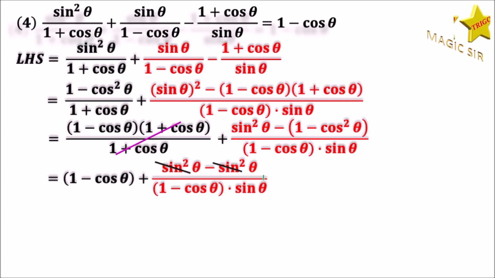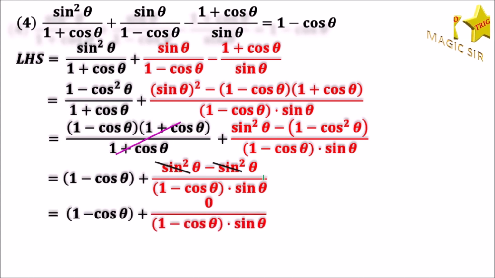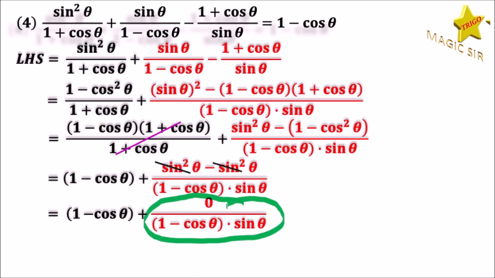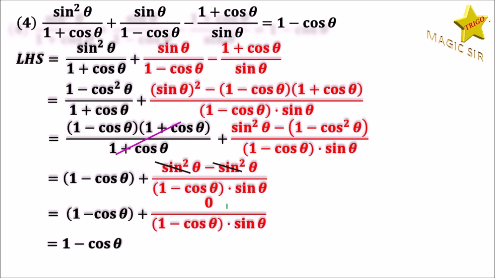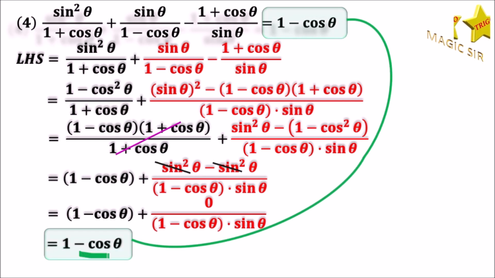Therefore, LHS is equal to 1 minus cos theta plus sin square theta minus sin square theta equal to 0. So the second fraction equal to 0 upon 1 minus cos theta into sin theta, which is equal to 0. Therefore, LHS equal to 1 minus cos theta. Hence, we have LHS equal to RHS equal to 1 minus cos theta.